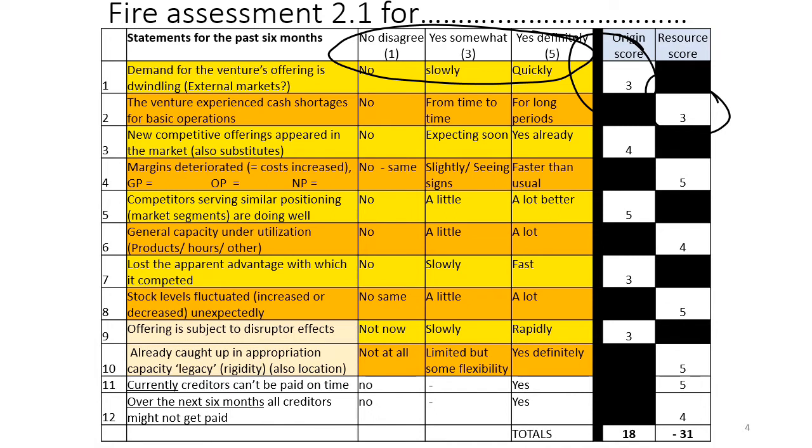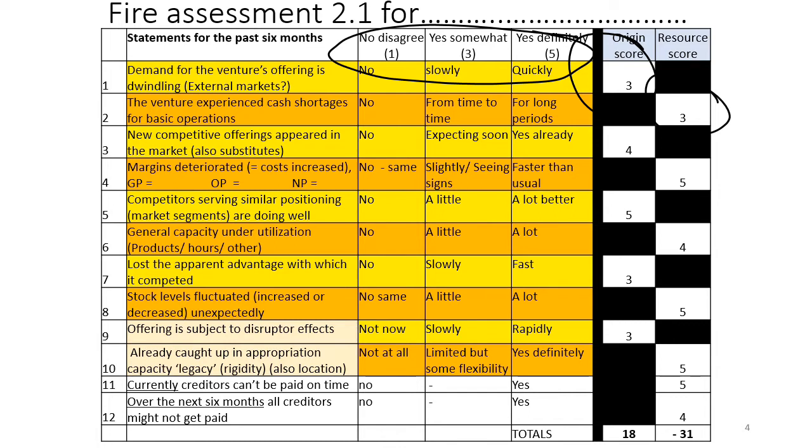Number 10, already caught up in appropriation capacity legacy, rigidity. You look at the business and you see that they've made provision for a lot of resources, technically equipment, machines, or whatever, and now it's standing there like dead. You can't use it. That is when you have capacity which you cannot use.